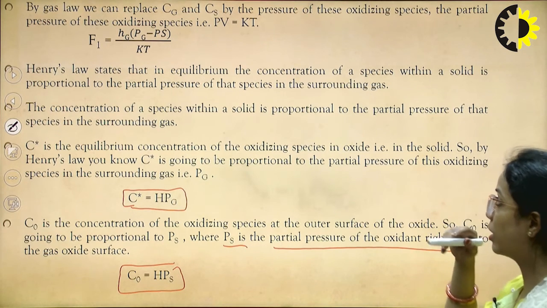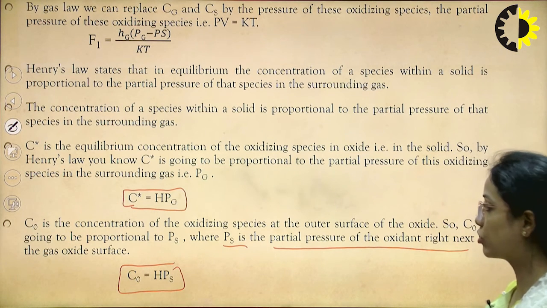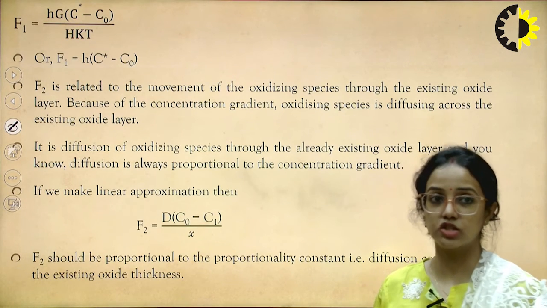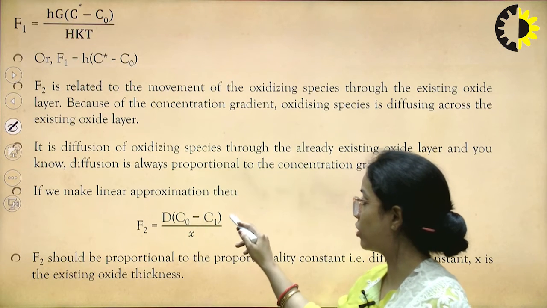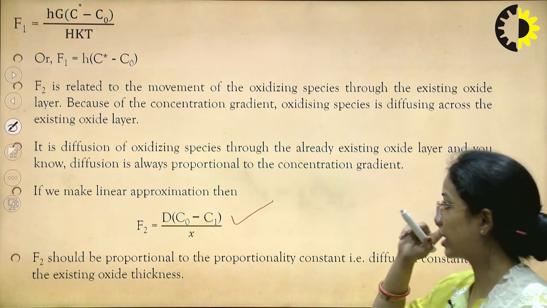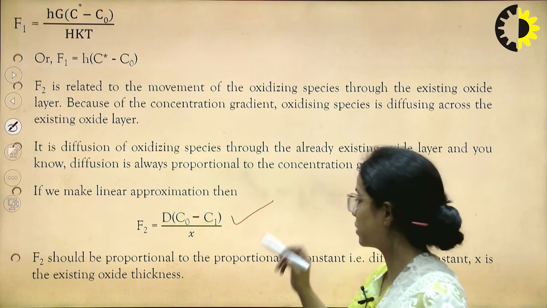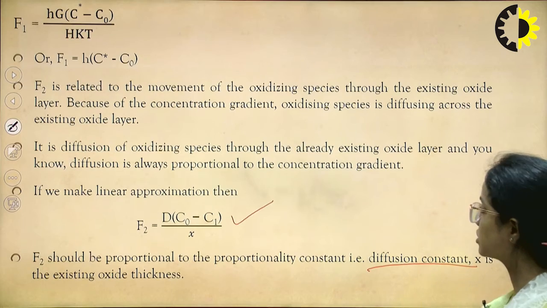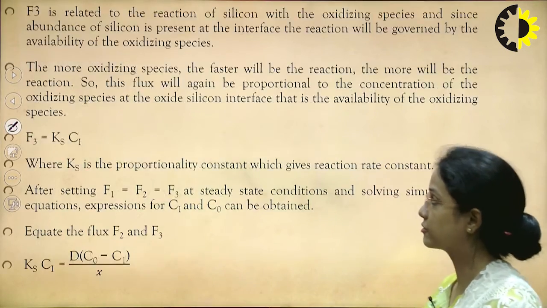Of course, Ps is the same partial pressure as for a gaseous state. Similarly, we define F2. F2 is D into C naught minus Ci by X. Here it is a linear approximation, the proportionality constant is the diffusion constant, and X is the thickness of the existing oxide layer.